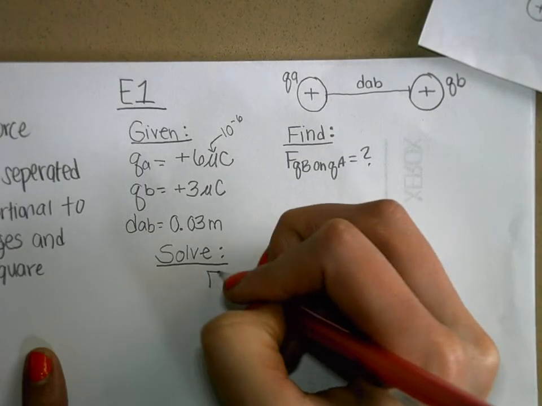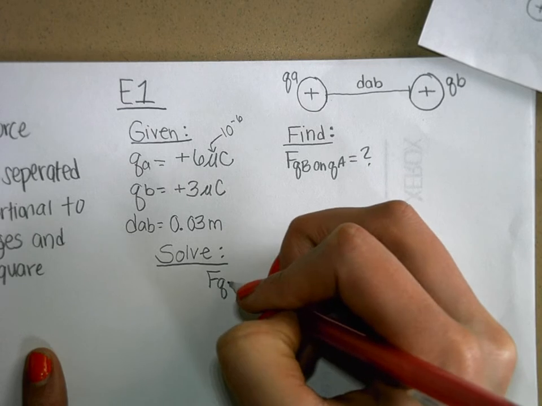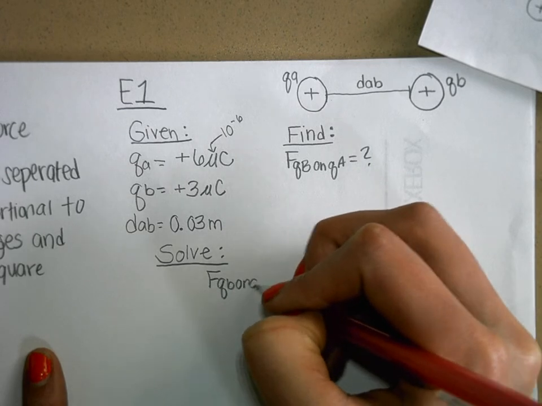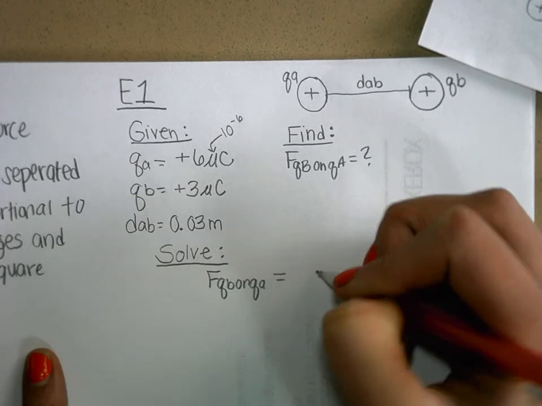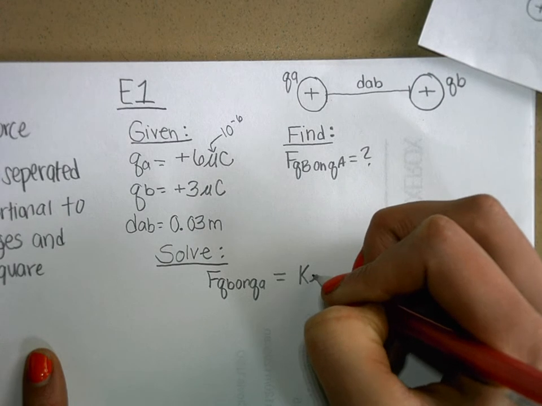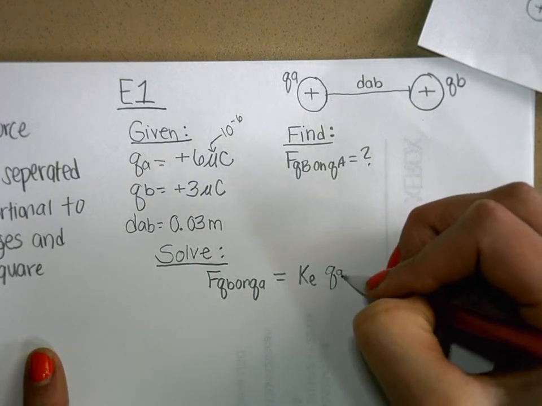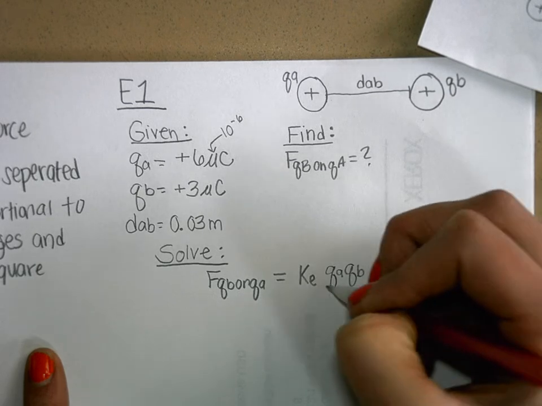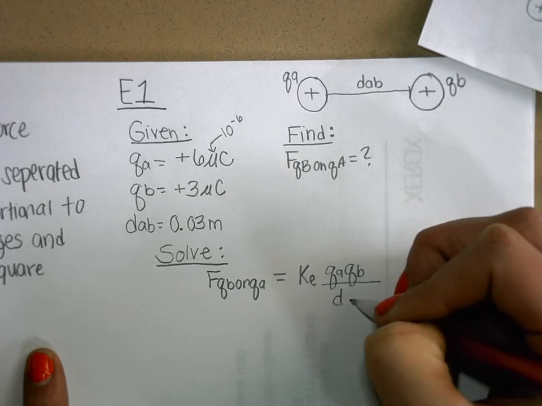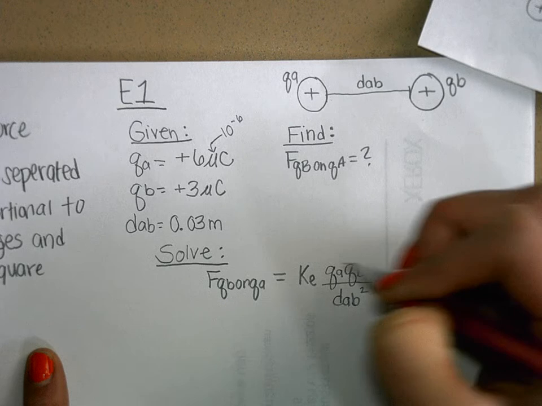So the force of charge B on charge A is equal to the electric constant times charge A times charge B divided by the distance between A and B squared.